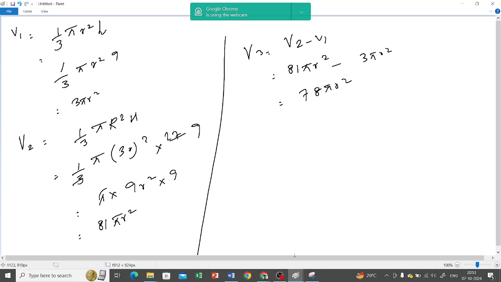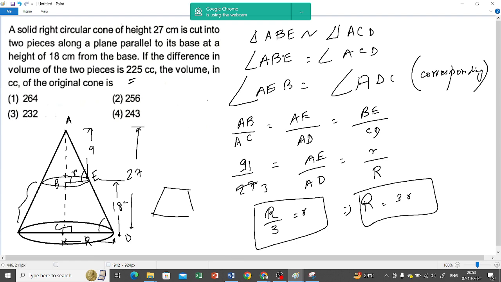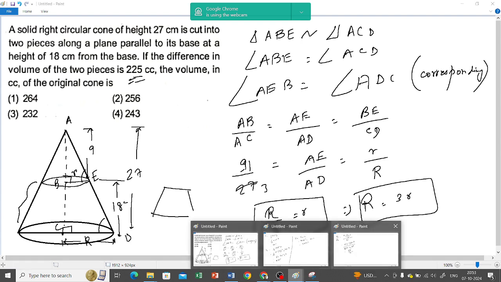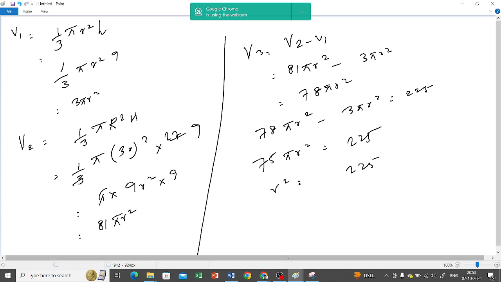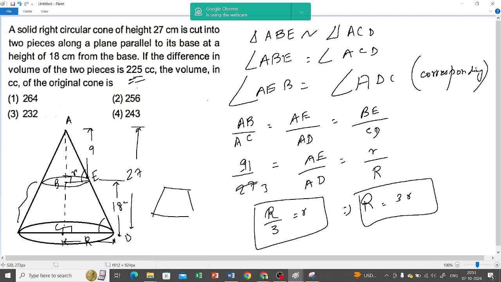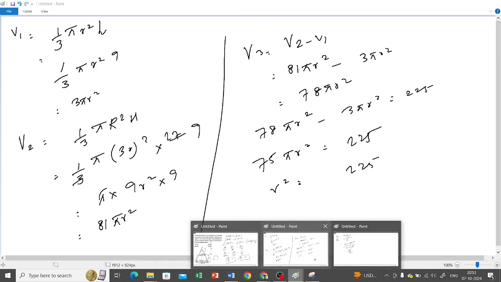Yes, sir. Now it is given that the difference between them is 225. So what is the difference? 78 pi r square minus 3 pi r square is 225, right? So 75 pi r square is equal to 225. What I need to find out is the volume of the original cone.